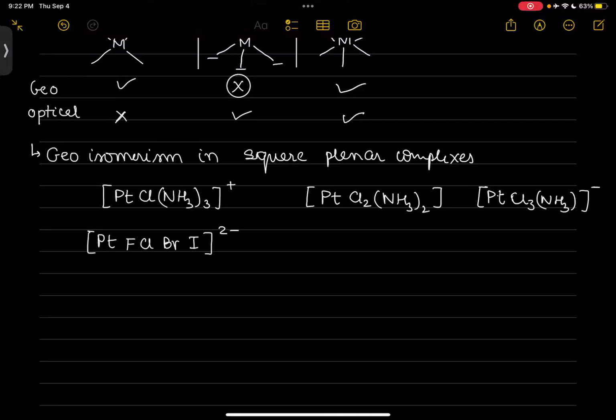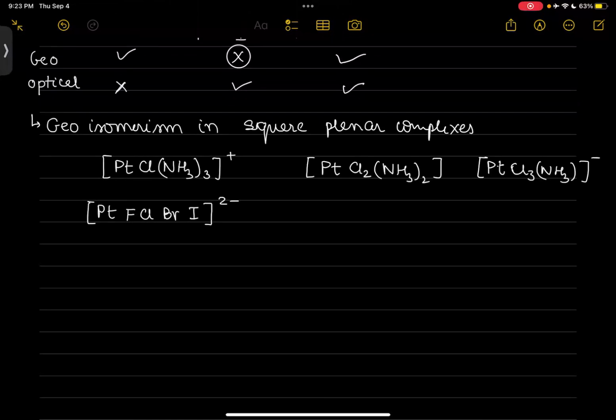So all of these are square planar. And now I have taken different ligands. I have not taken all four same ligands because that is not going to show geometrical isomerism. Got it?